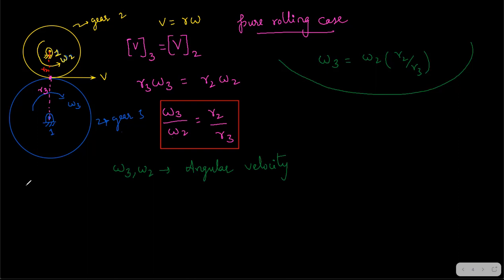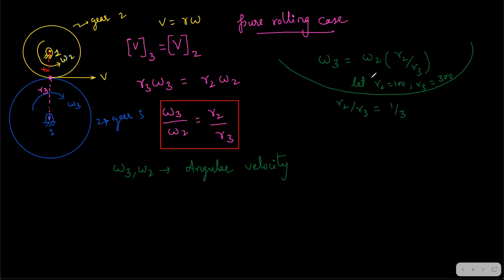Let's say R2 is equal to 100 and R3 is equal to 300 units. Take whatever units you want, I'm just taking the values. So what is R2 by R3? R2 by R3 is equal to 1 by 3, right?